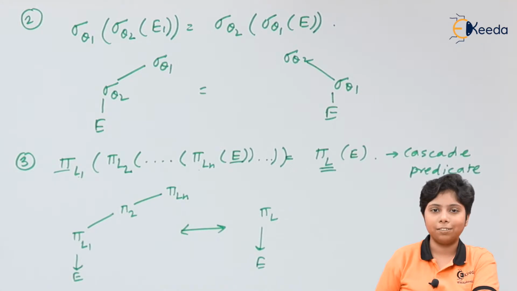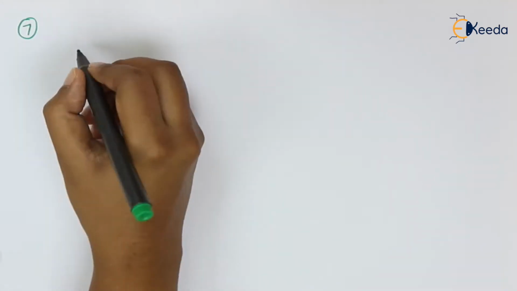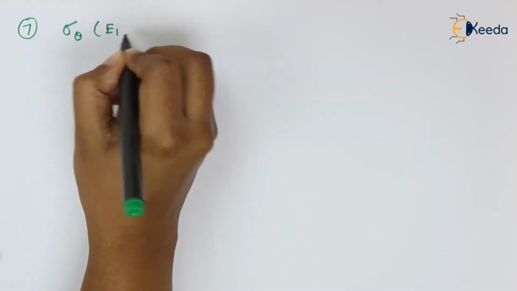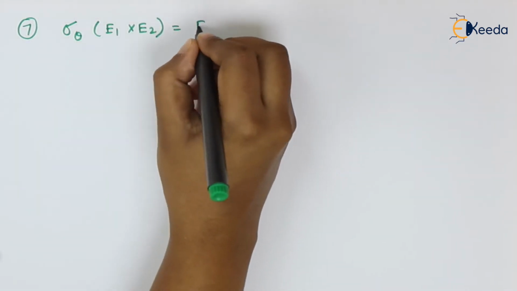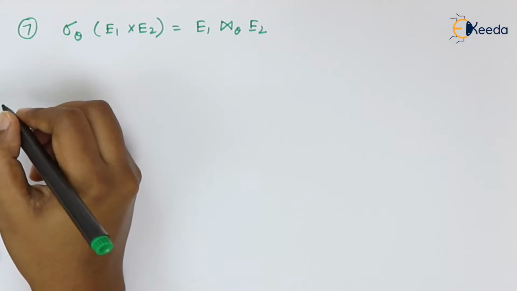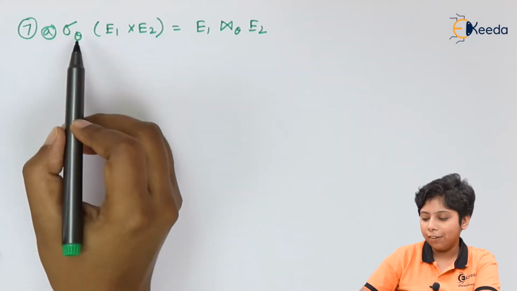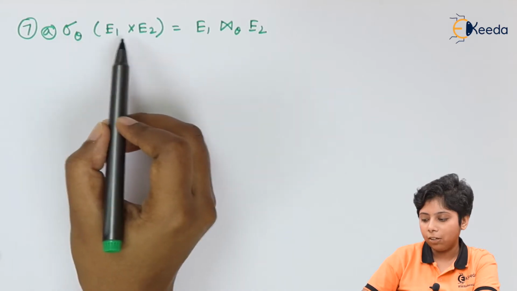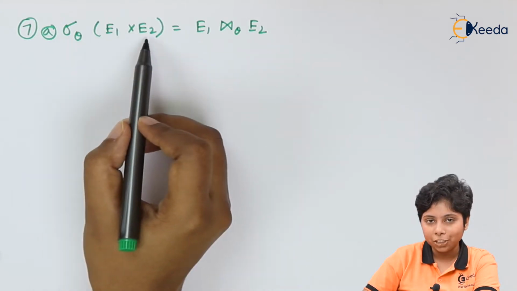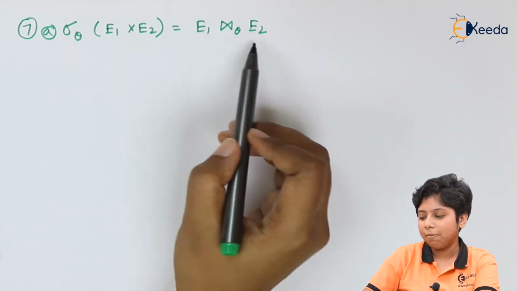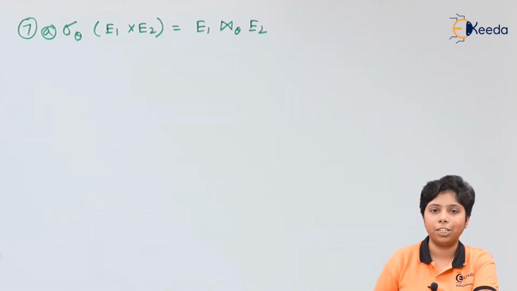this equivalence. Next is the Cartesian product with the theta join. So we can have that if a theta selection on E1 and E2 makes a Cartesian product, then it is the same as theta joining these two relations.